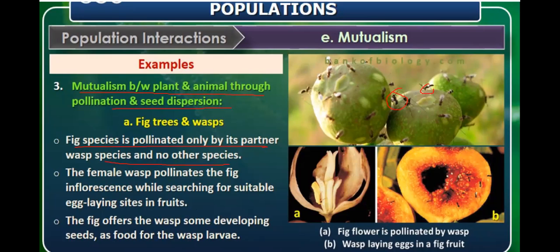The female wasp pollinates the fig inflorescence while searching for a suitable egg-laying site in the fig. The fig offers the wasp some developing seeds as food for the wasp larva. So here the fig flower is pollinated by the wasp. Then the wasp larva develops from eggs in a fig fruit.